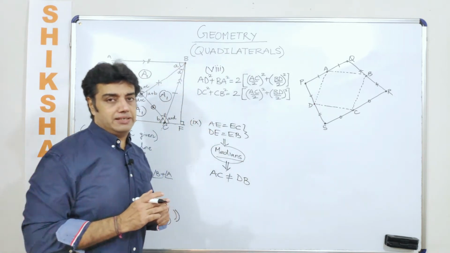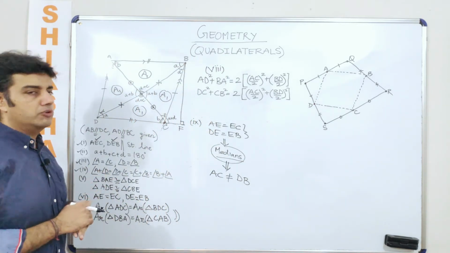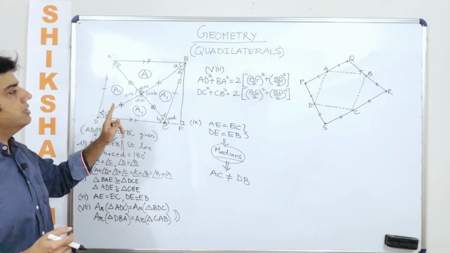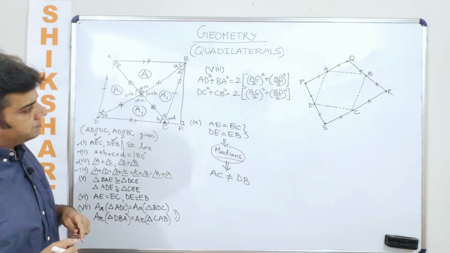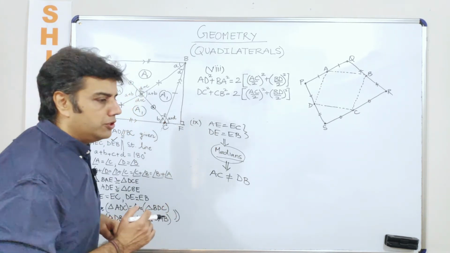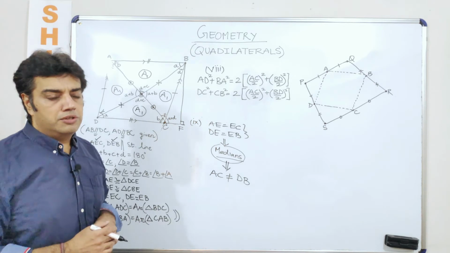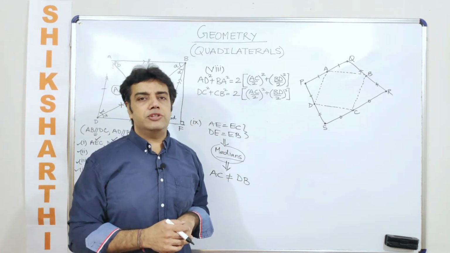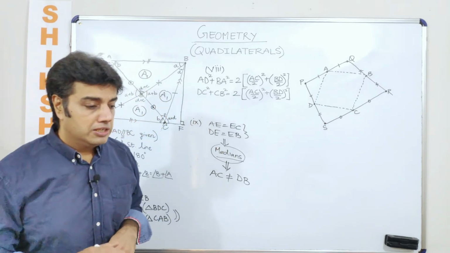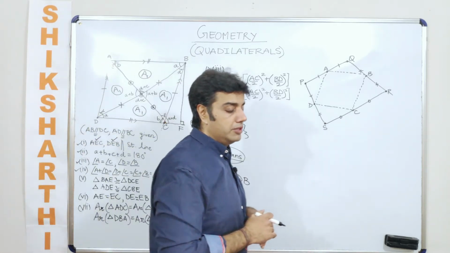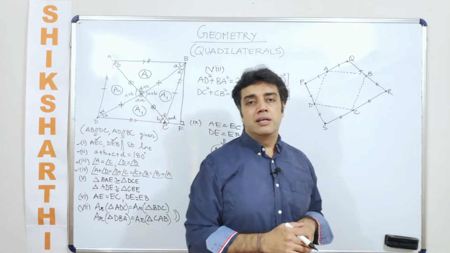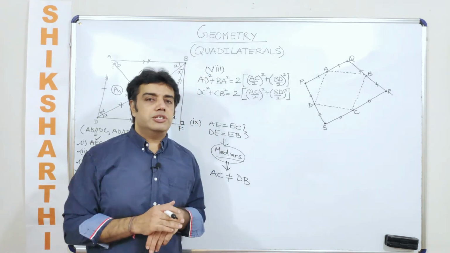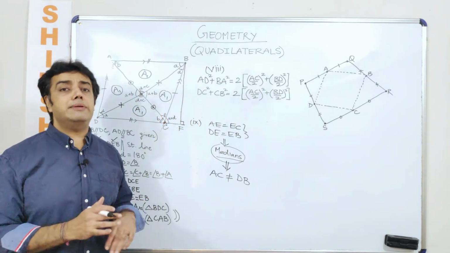Last but not the least, there are many other things that you can talk about here, but last but not the least here is, now we know the median theorem, and the specific name that is given to the median theorem is Apollonius theorem. So in one of my videos wherein we talked about the median theorem, we talked about the Apollonius theorem also, but we did not name it.